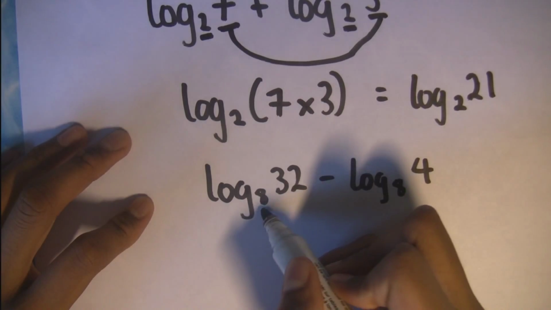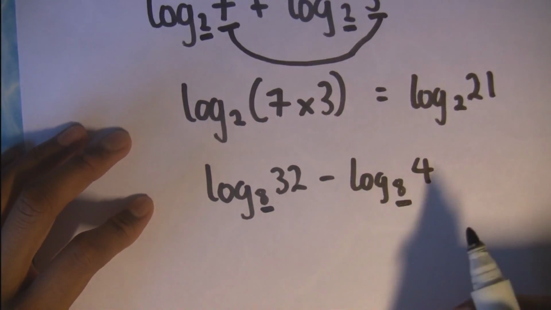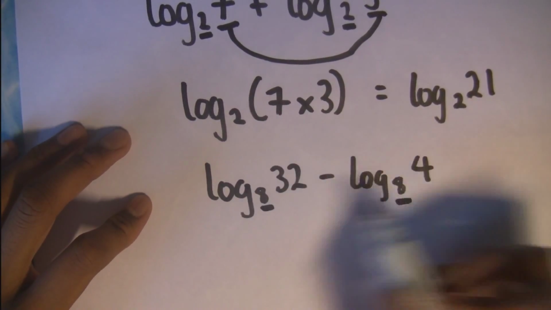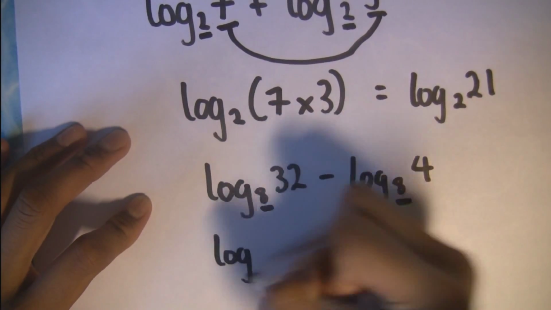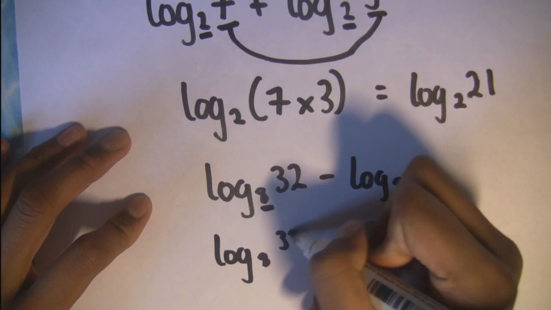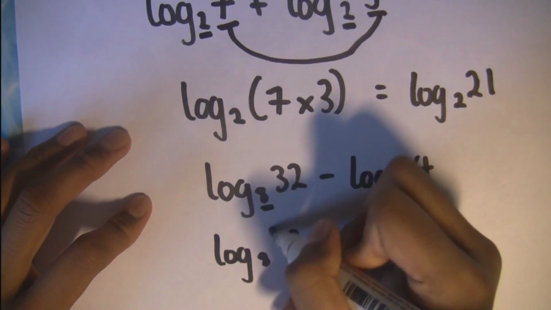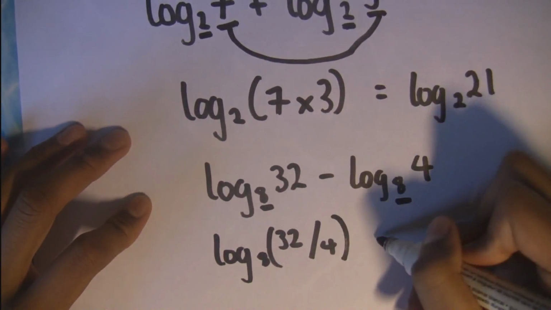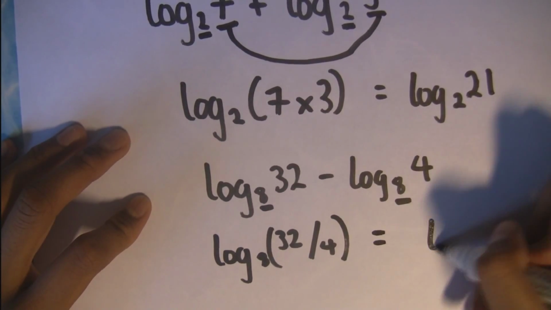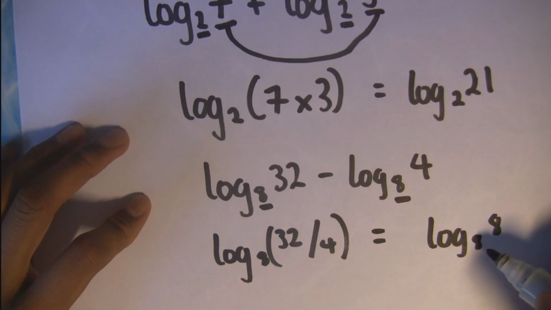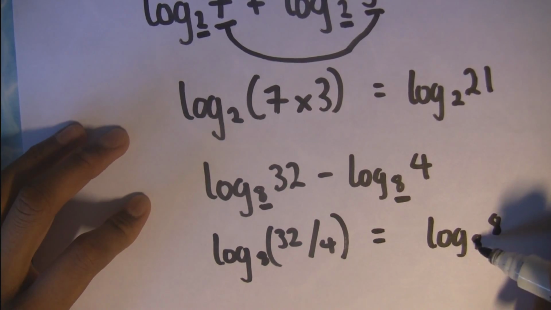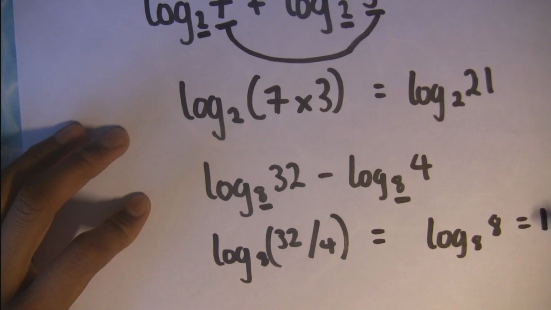And because there's the same base, 8 and 8, we can use this method of dividing this number by this number. So this would equal log base 8 of (32 divided by 4). 32 divided by 4 is 8, so it's log base 8 of 8. And obviously 8 to the power of something equals 8, well that's going to equal 1.